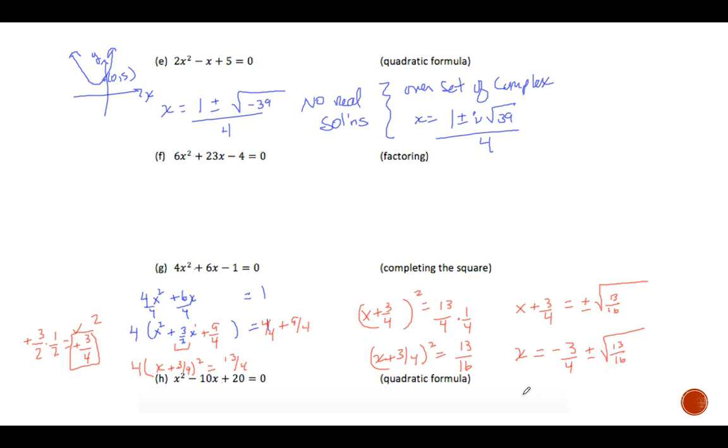Oh, hey, 16 is a perfect square, right? Which means I can put this all together if I wanted because it has the same common denominator.